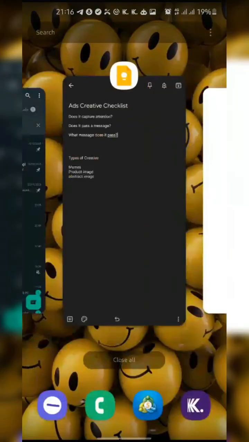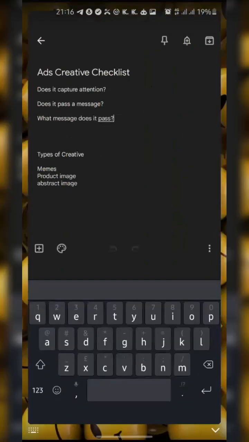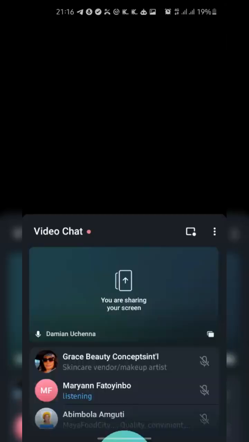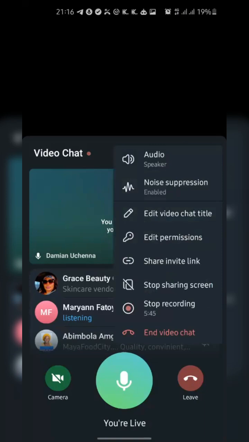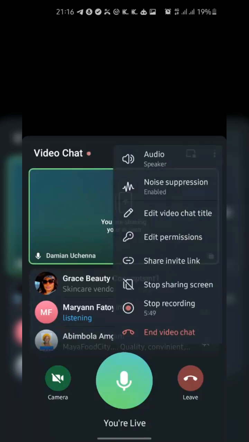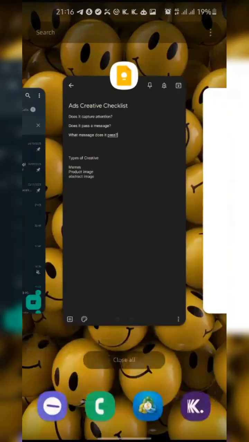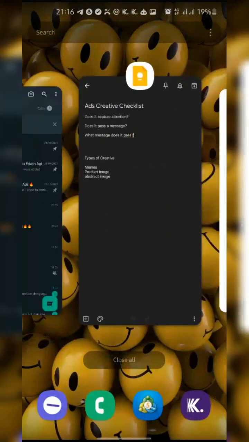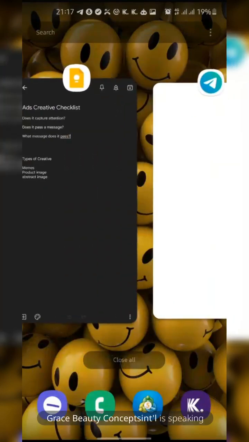Okay, the screen is not moving at all. Okay, just hold on. Okay, I understand now. But is my screen moving? Can you see what I'm doing on my screen now? Yeah, I can see it now.